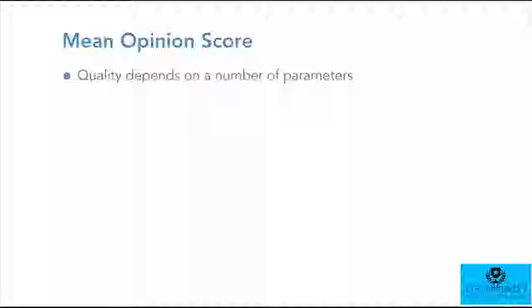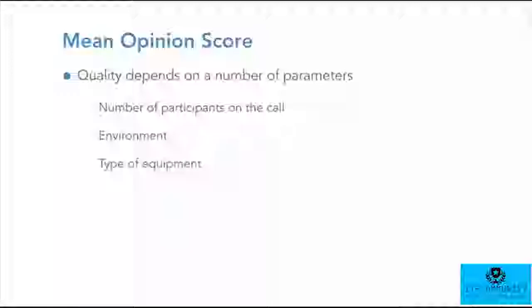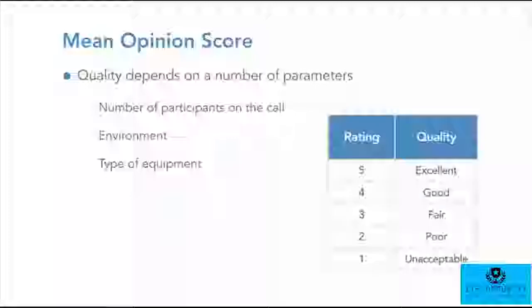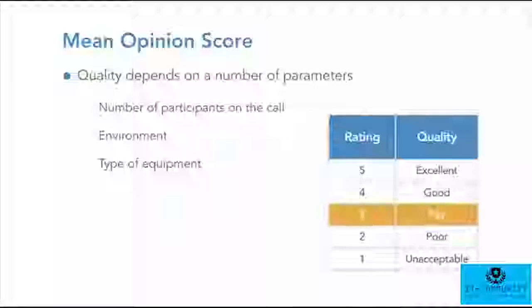The quality depends on a number of different parameters, including the number of participants on the call, the environment, and the type of equipment. According to industry standards and recommendations, we see that a rating of 3.5 to 4.2 is an acceptable range for voice over IP traffic.